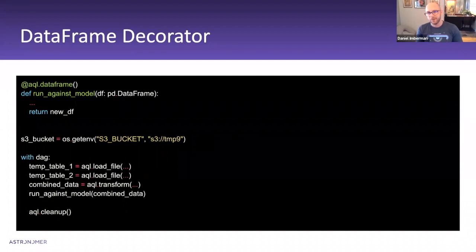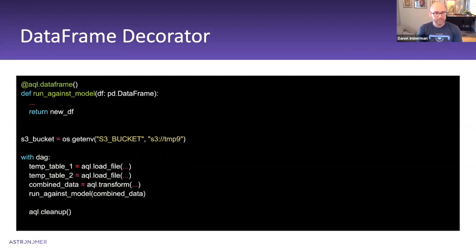And maybe our inference model lives in TensorFlow, where you need to pass it a pandas data frame to actually run it. And that's actually a pretty gnarly thing to do in a lot of scheduling situations: how do I move data from SQL into pandas, run it, and then get it back into SQL for my reporting table?